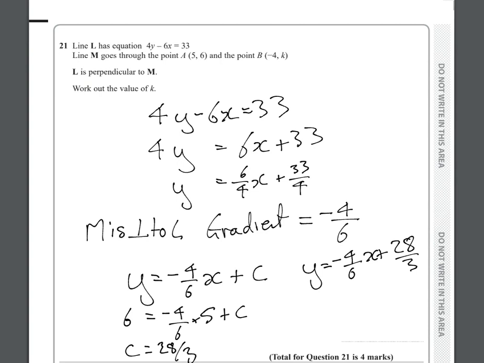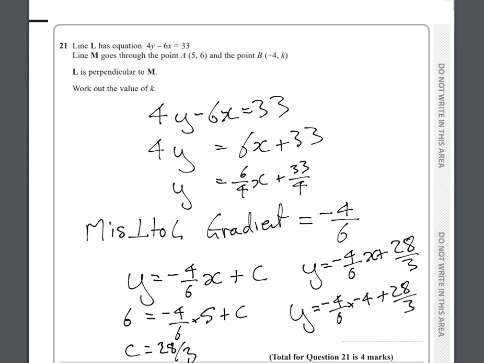So we're now going to have to work out when x is minus 4, y equals minus 4 over 6 x, which is minus 4, plus 28 over 3.